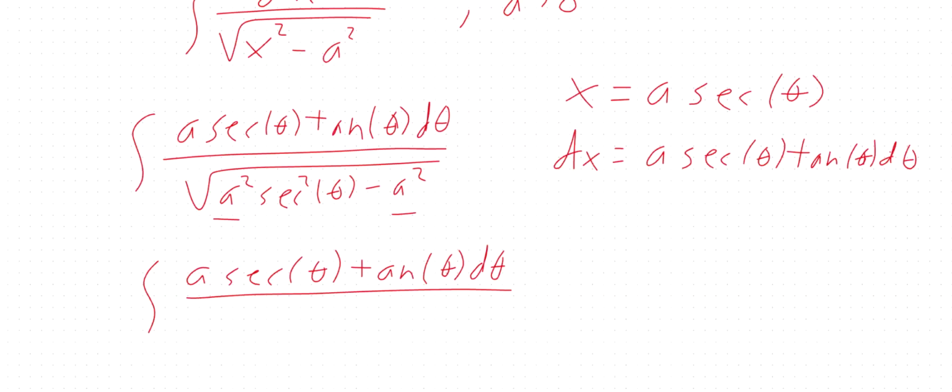But if we are restricting our secant, and they restrict it a little bit just between 0 and pi over 2, just to keep our tangent positive, we can then ignore that. A's cancel, those cancel. And we're left with just the integral of a secant.